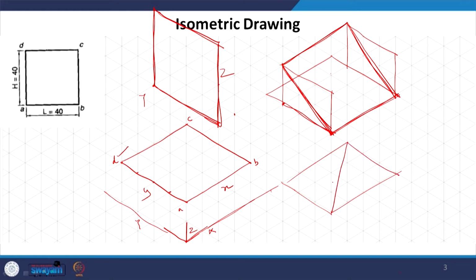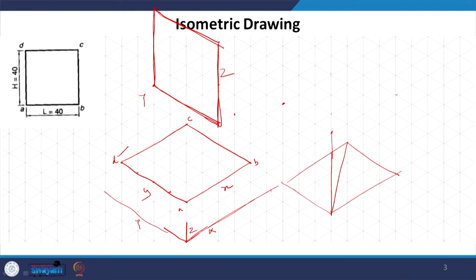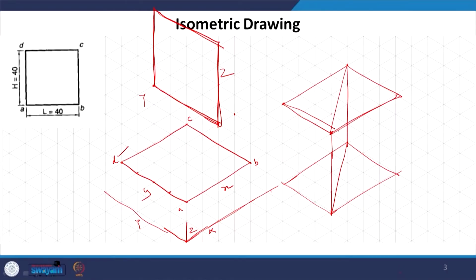The same thing we will have, say, at a certain height, whatever the height is, and at this height we will again create the same rectangle, because this object we are talking about is a square where the edges are going to be parallel to each other. It is much simpler to draw edges which are parallel to each other because of the fundamental of isometric projection which we know. So, now the same thing here and then we connect.